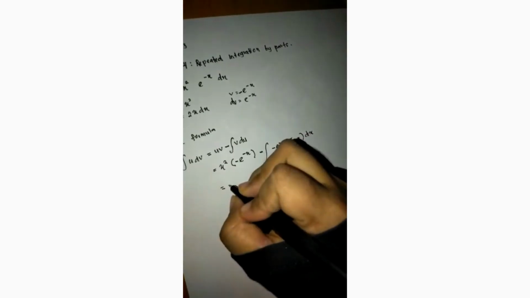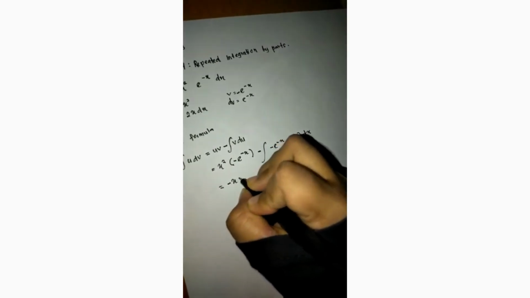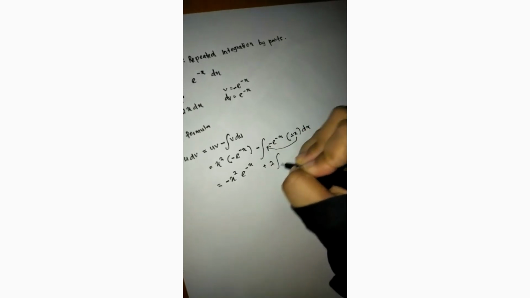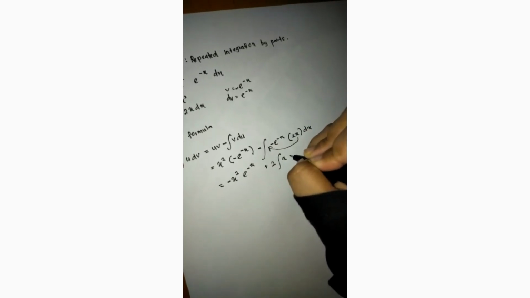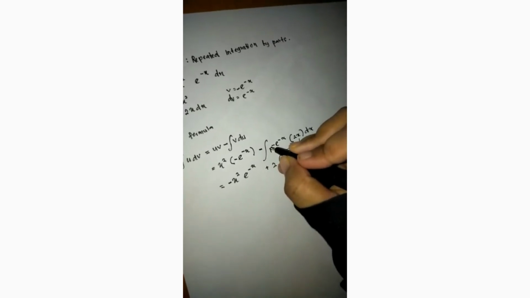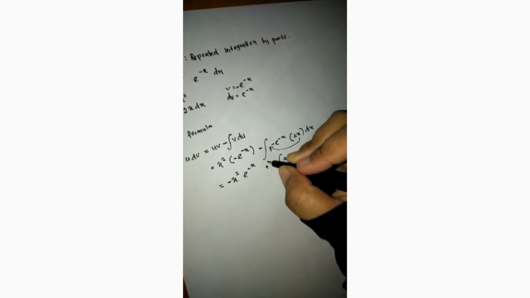Explain this. We take 2 in front, add to this 2x, because this negative and negative, so it becomes positive here.